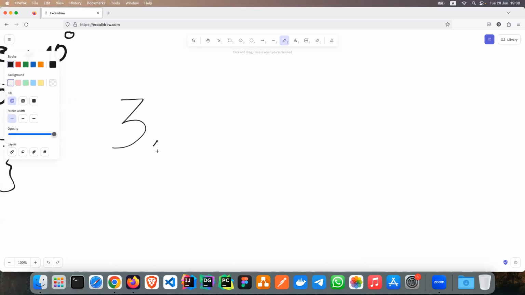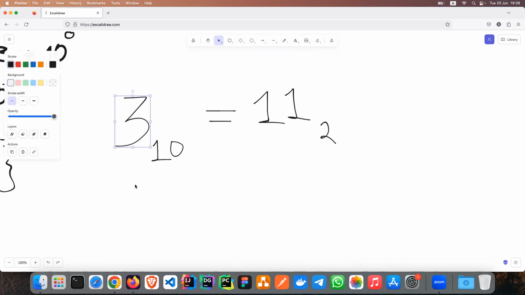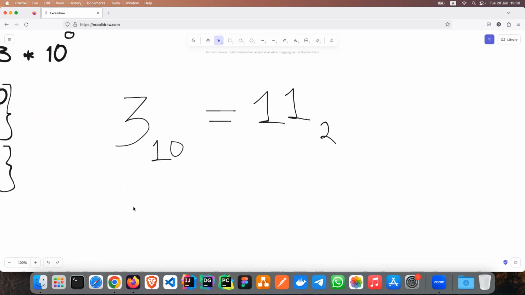This is in decimal notation, and we convert it to binary. Let's think about it. What's the nearest power of 2 closest to 3?